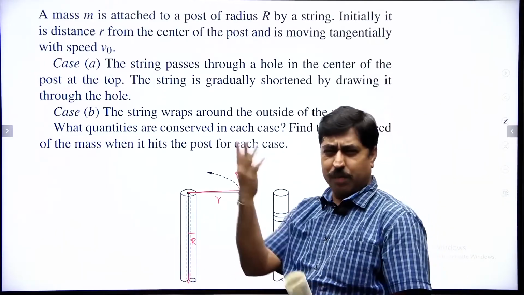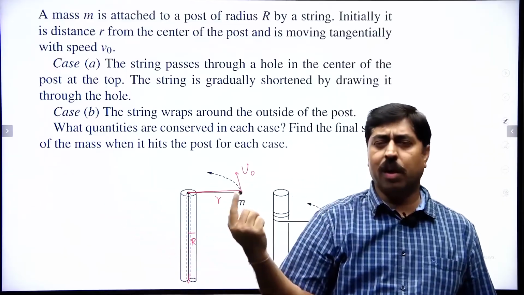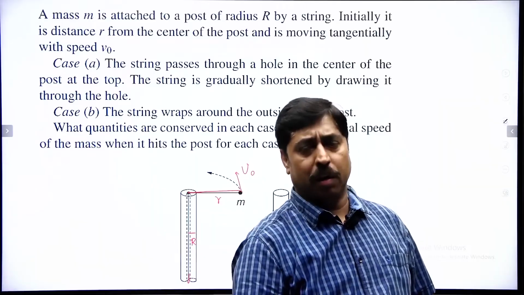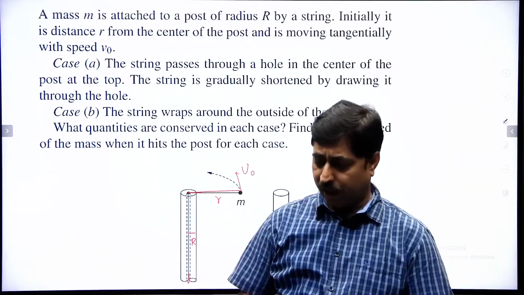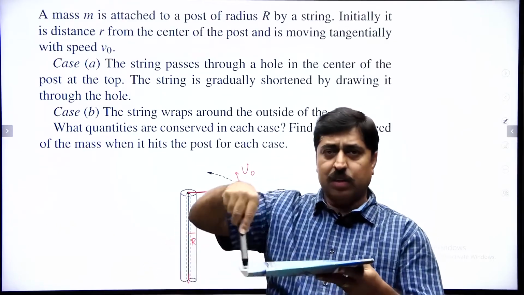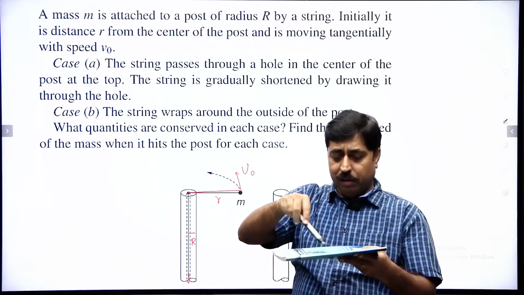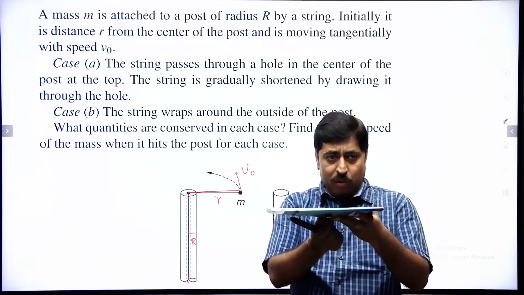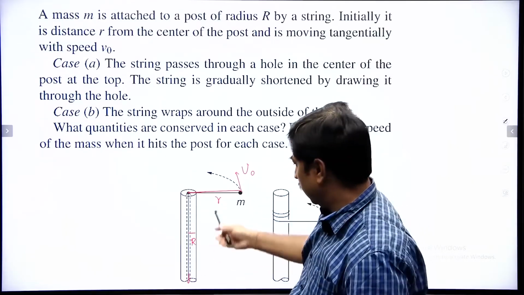You can imagine, for simplicity, that this mass is going in a circle on a horizontal smooth table. Forget about the effect of gravity. Like this is the situation that there is a tabletop. This mass is going in a circle of radius r initially with speed v naught. There is a small hole here. The string comes here and you can draw the string down through this hole. So this is the first situation.